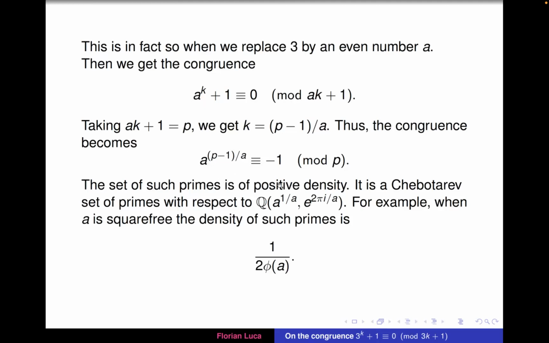What you do get is a calculation inside this field. So you take the field, by the Chebotarev density theorem, which contains a to the power 1/a and contains some appropriate roots of unity. And then you take a prime number with the property that p is congruent to 1 mod a. Then when you look at a to the power (p minus 1)/a, this one is a legitimate number, and it has to be congruent to a root of unity.